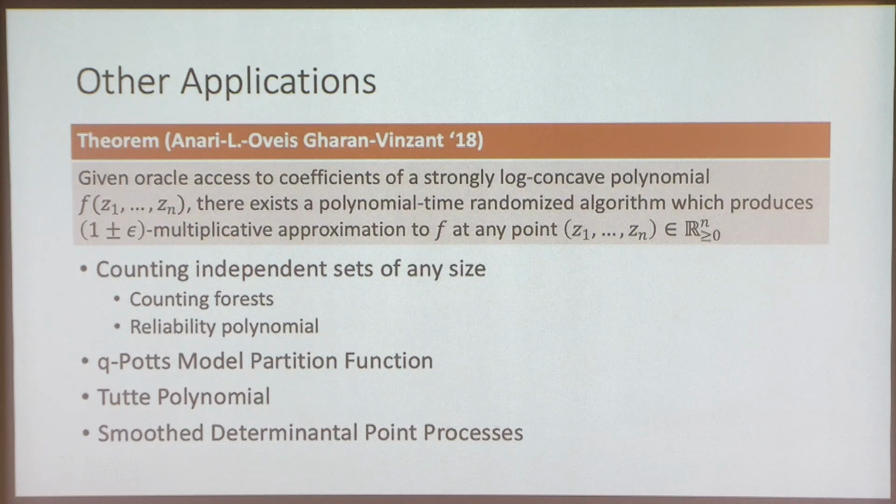This is also proved by Junha and Petter Brändén. This also implies strong log-concavity of the Tutte polynomial in a certain regime. And also, if you have a determinantal point process, you can also smooth the weights by raising the coefficients to some power between 0 and 1.